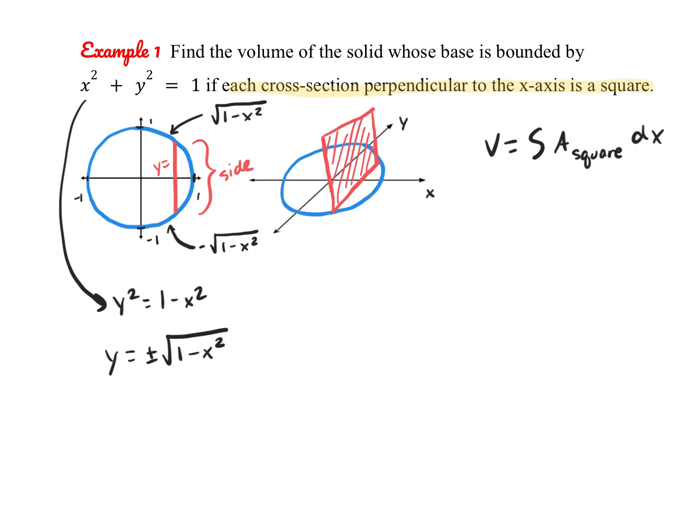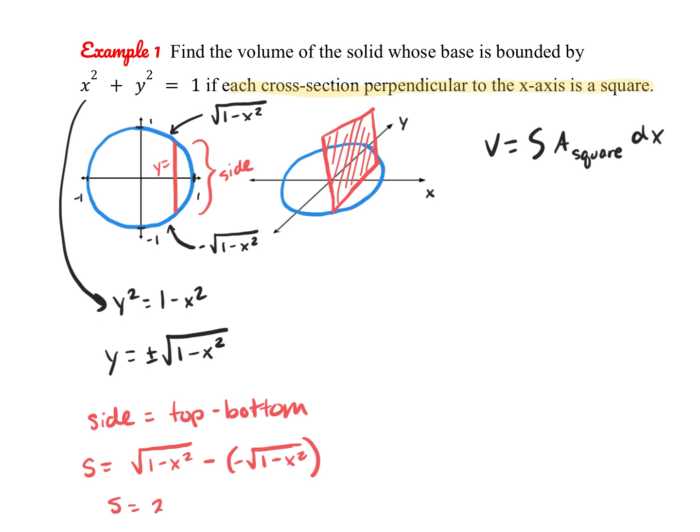So if I want to define the side length, the side of our square cross section, it's always going to be top minus bottom. And in this case, I'll say S for side, the top equation is represented by the positive square root of 1 minus x squared minus the negative square root of 1 minus x squared, which is just like saying square root of 1 minus x squared plus square root of 1 minus x squared.